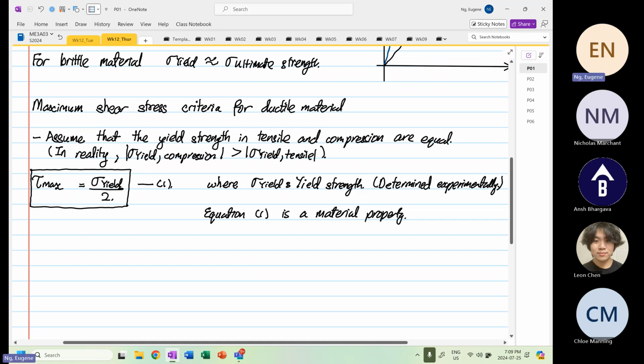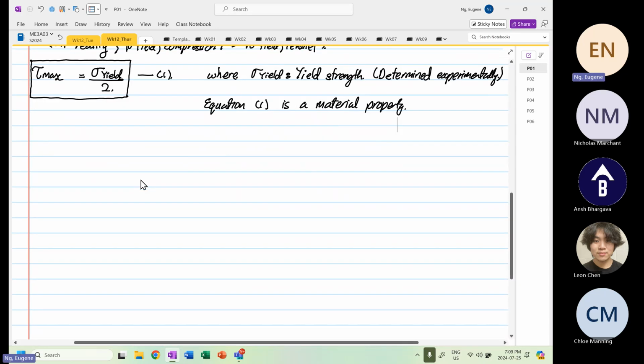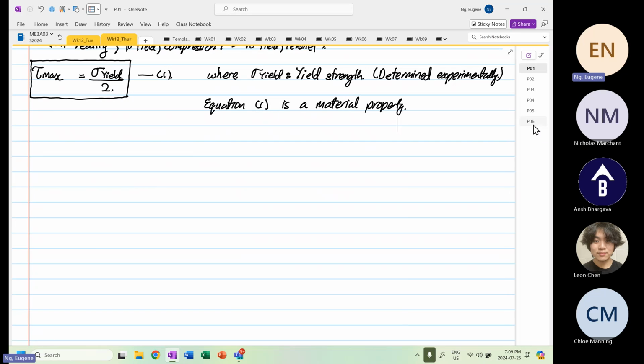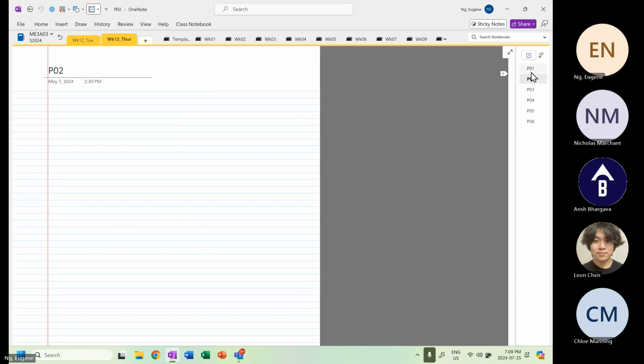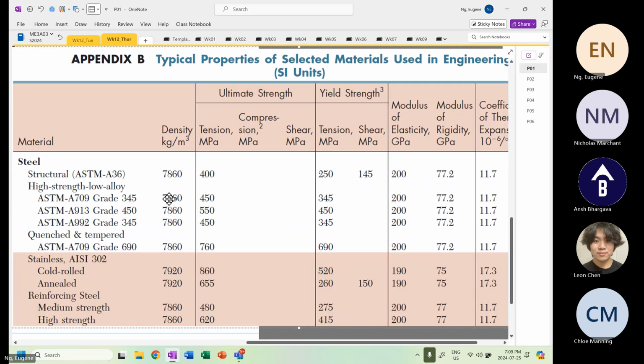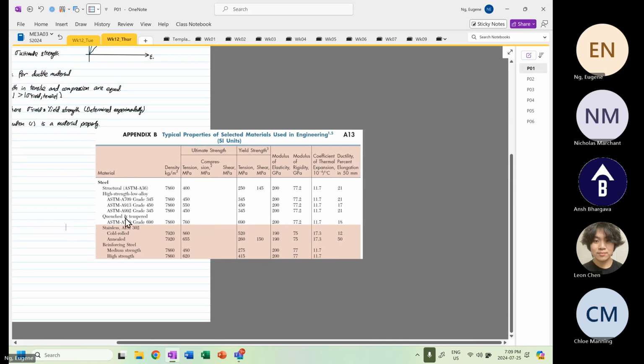Okay, so if you were to look into a table, this table of material behavior, you have seen it before.